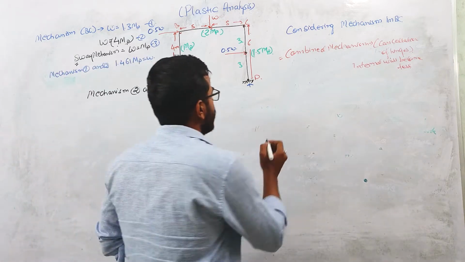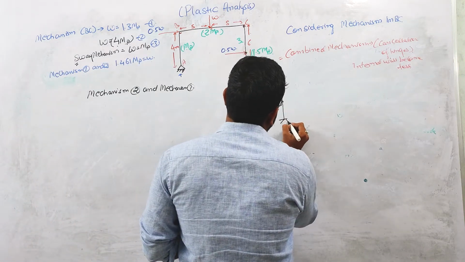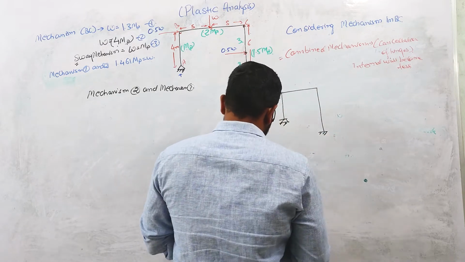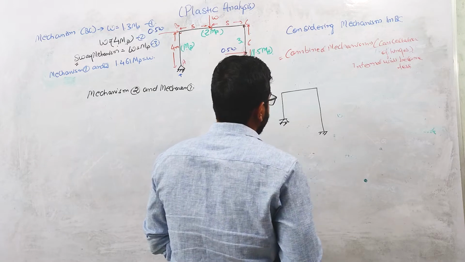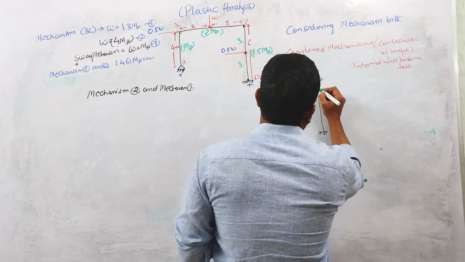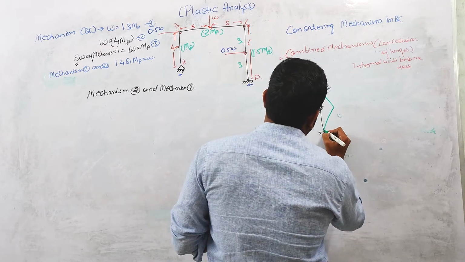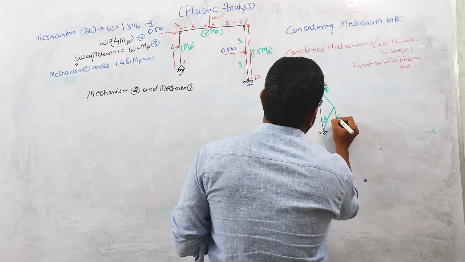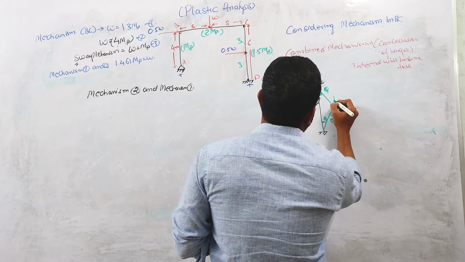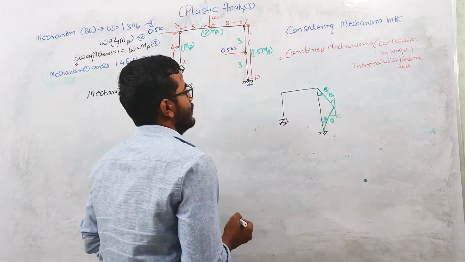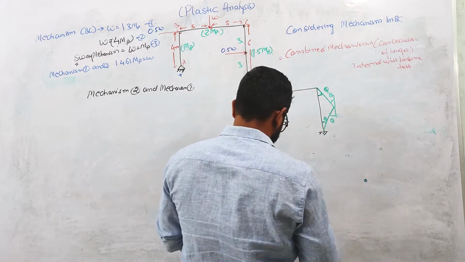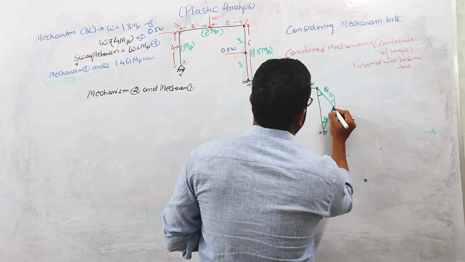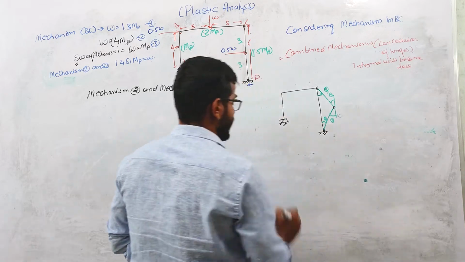In mechanism 2, if this is our frame, the plastic deformation of this column was looking like this. This is theta, this is theta, this is theta, and this is theta. So basically the plastic hinges are forming at this point, and at this point.